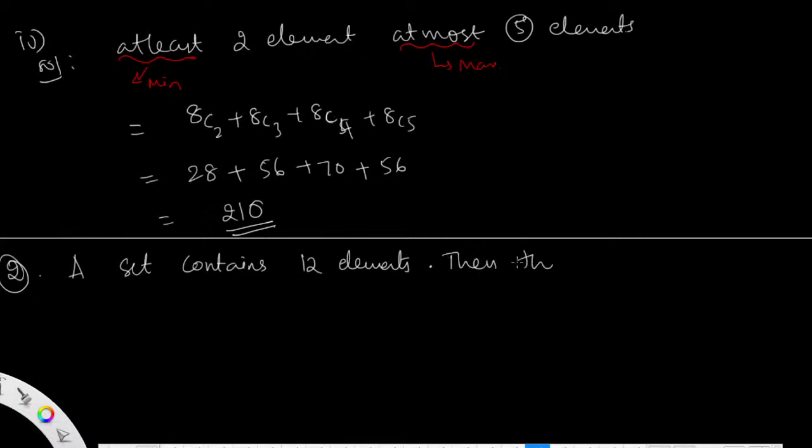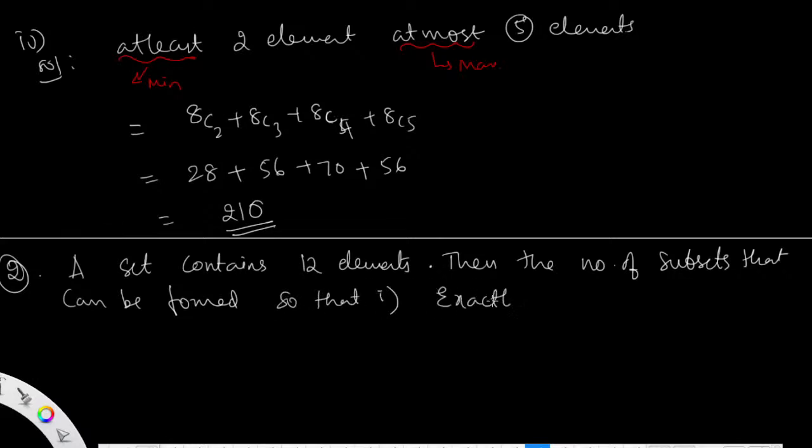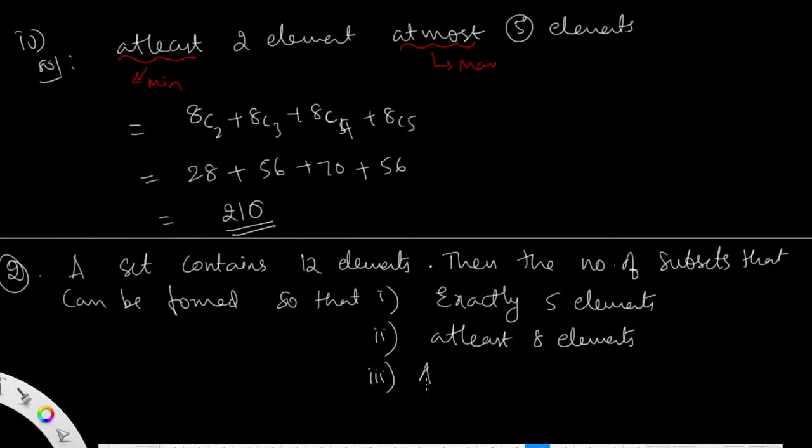Then the number of subsets that can be formed: question number 1, exactly 5 elements; question number 2, exactly 9 elements; question number 3, at least 8 elements, at most 12 elements.